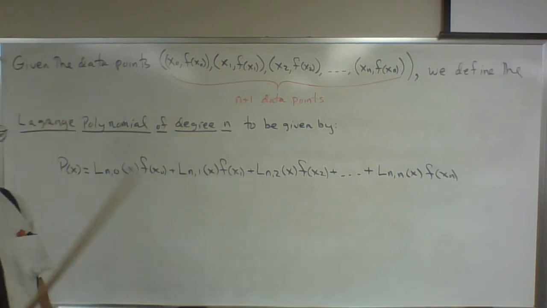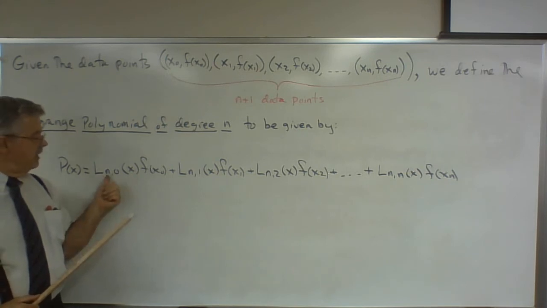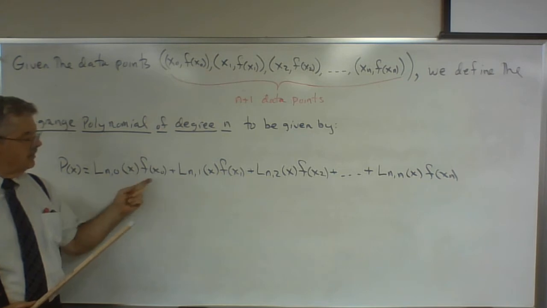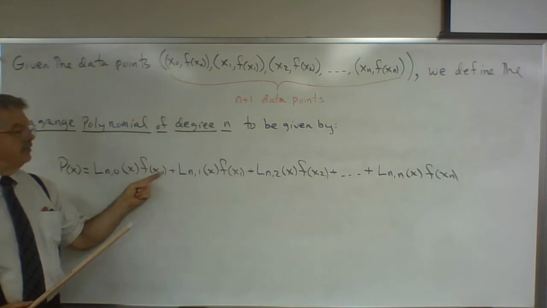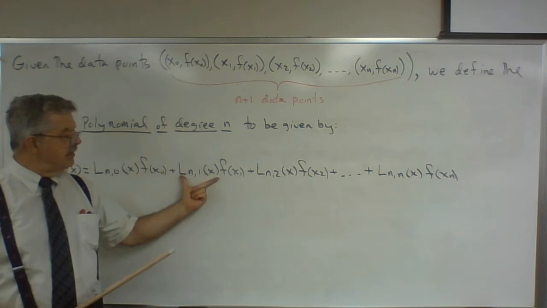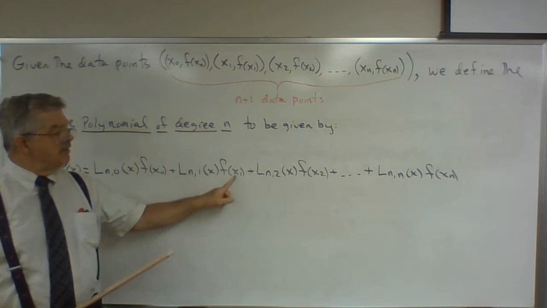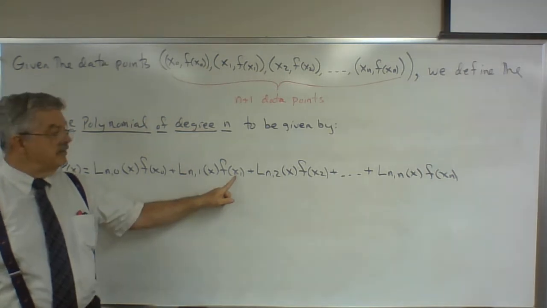And here's sort of what it looks like. It looks like some function, L sub n sub 0 evaluated at x, times f of x naught, the y coordinate of the 0th data point. And then we have another function, L sub n sub 1 evaluated at x, times f of x1, the y coordinate of the first data point.